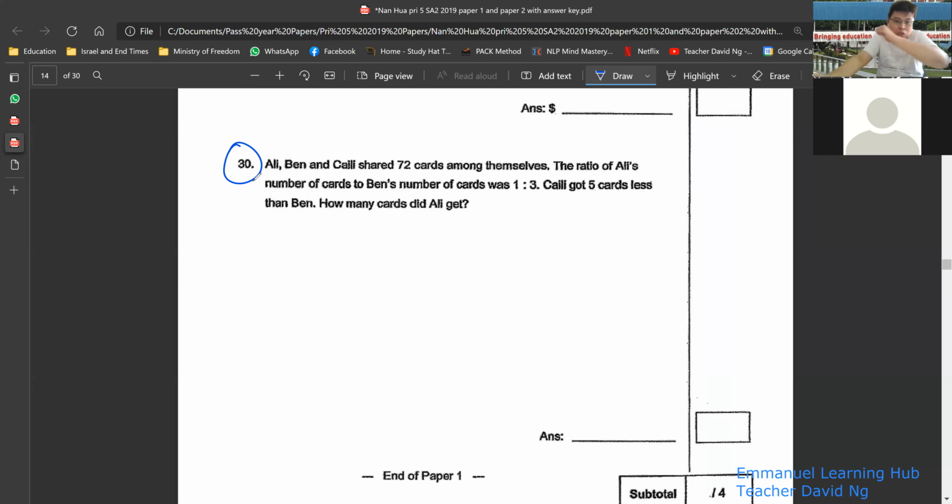I have ABC: A for Ali, B for Ben, C for Kylie. They shared 72 cards among themselves. The reason I propose model drawing is that they already imply the number of boxes you should draw for Ali and Ben through the ratio.